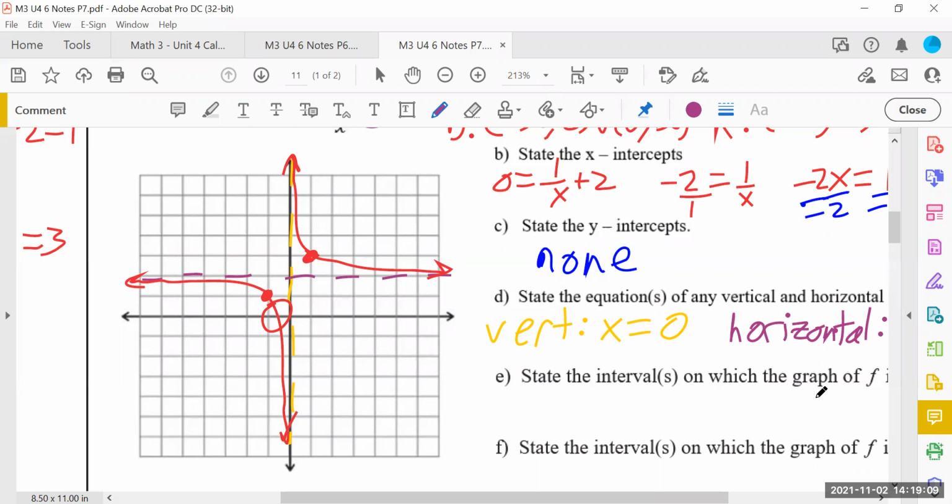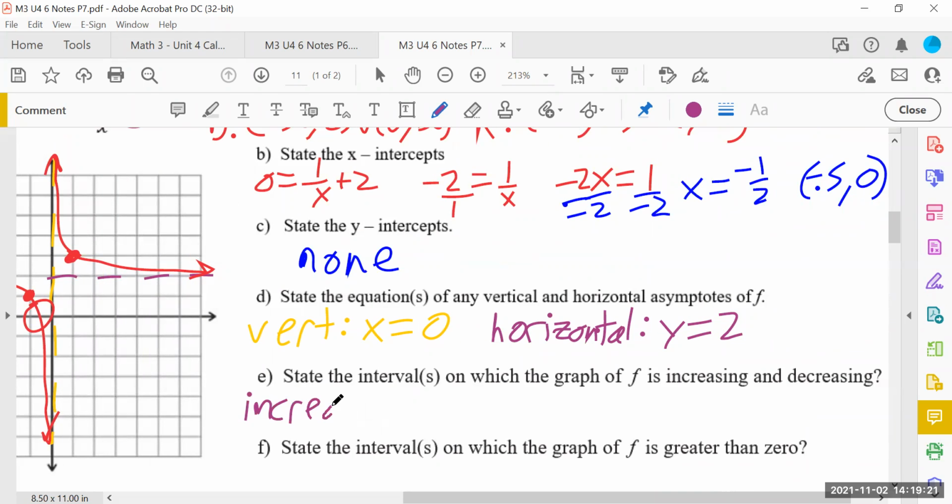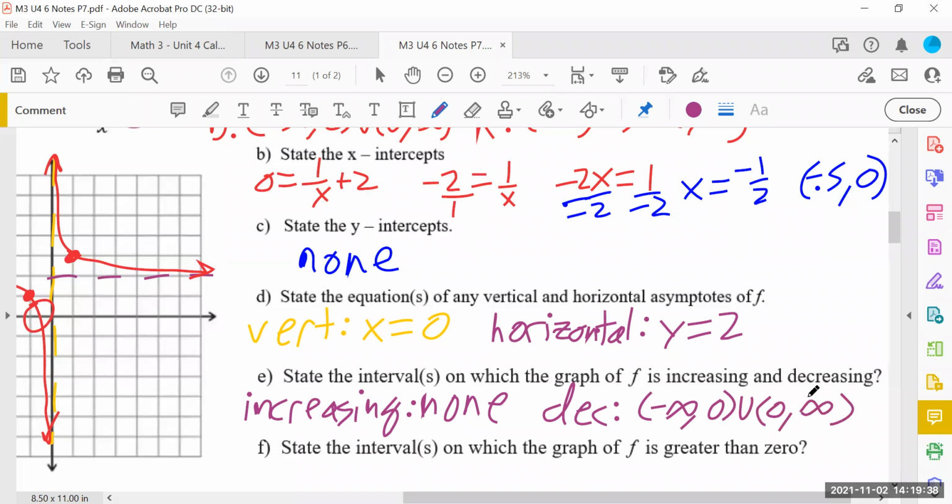The whole time it is decreasing. It's going down from left to right, breaks, starts over, goes down from left to right. That means that this graph is never increasing. Increasing, put none. Decreasing, put the whole domain, negative infinity to 0, 0 to infinity.